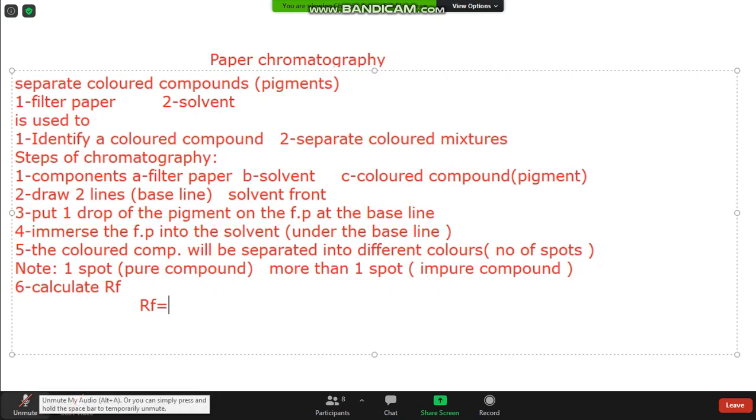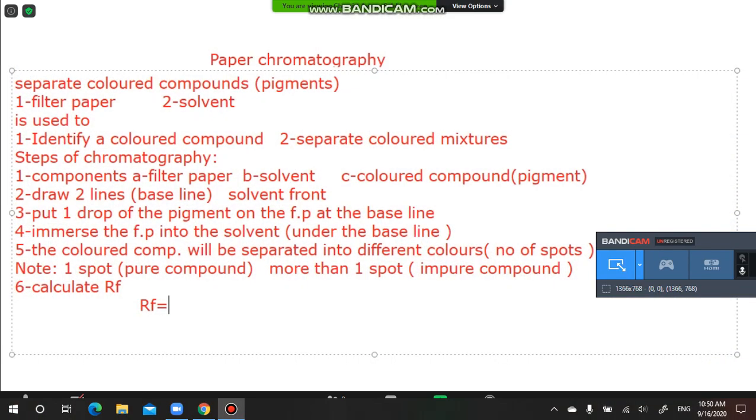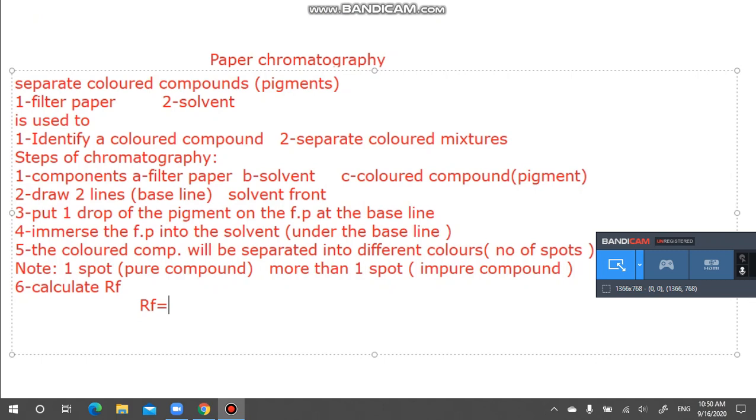We will measure the distance from the baseline to the center of the spot, like the spot A, for example. What is the distance from the baseline to the center of the spot A? It's 4 centimeters.